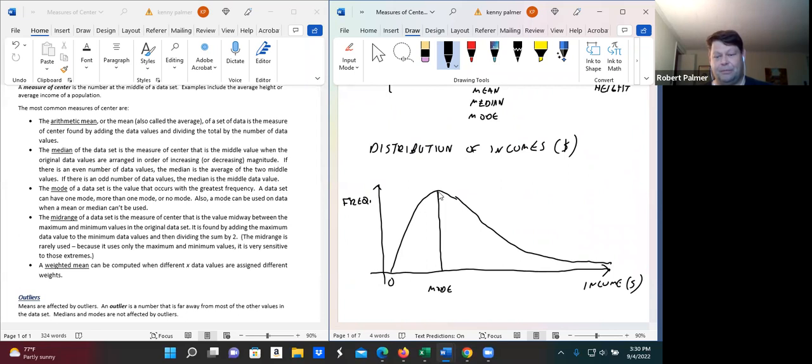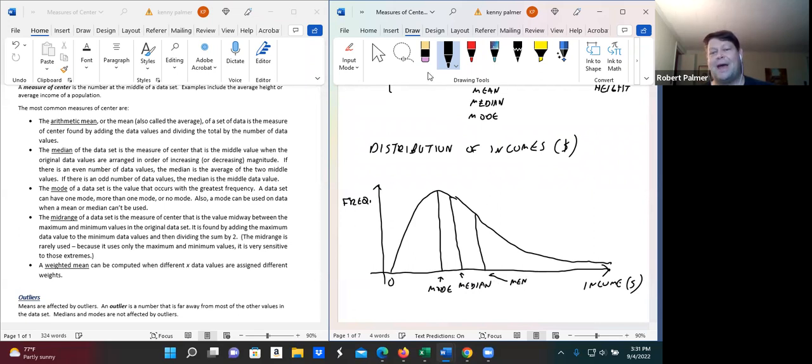But what will happen then is our median will be shifted this way. Maybe not that much, but our median, say, right here. What's affected the most is our mean. So once again, this is our mode, this is our median, and then our mean is right here.